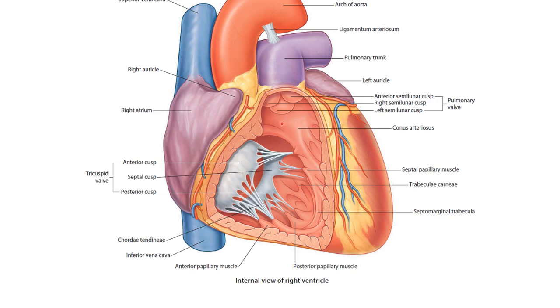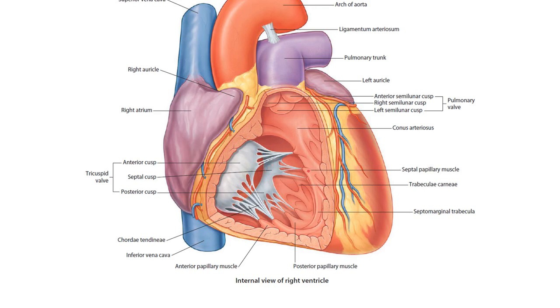So this is the smooth surface leading to the pulmonary trunk, and this is called the conus arteriosus. What you see here are the valves of the pulmonary, what we call the pulmonary valve. But again, you see these things here.